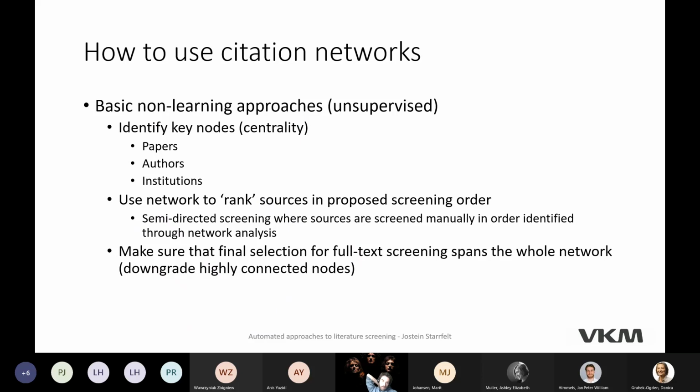But by using a simple usage of a network like this could be a way to rank them, in a way that you start screening the papers that the network deems to be more central for the study at hand, or for the question at hand.